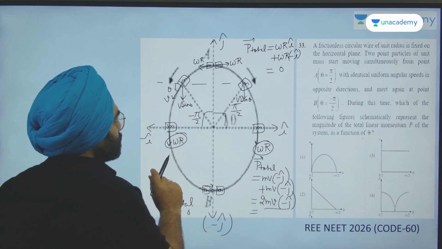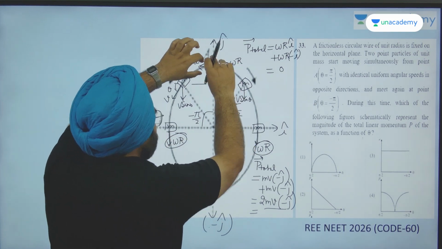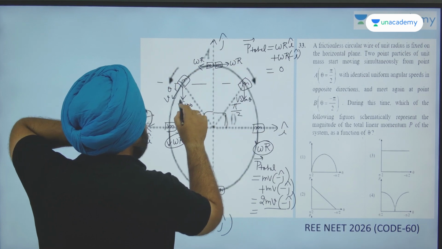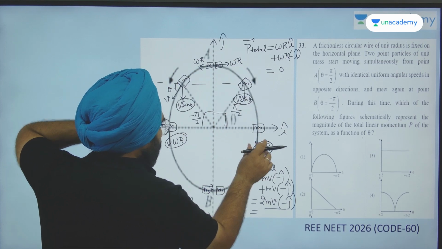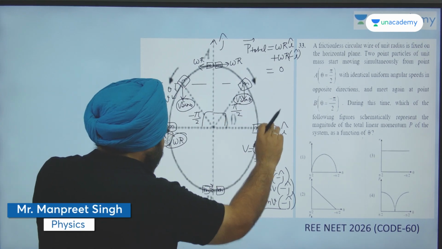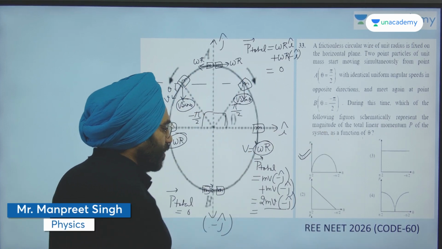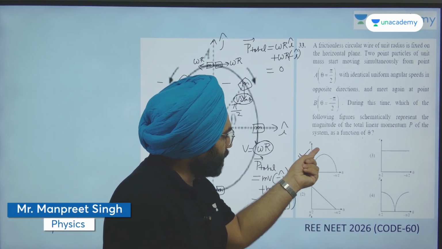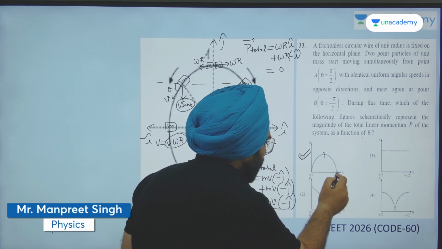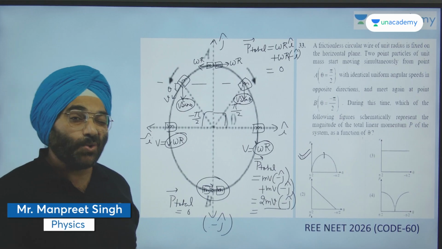The other one, reaching here, will also have a component of v sine theta. So in the downward direction, momentum is 0 right now. In the negative j direction, momentum is increasing because v sine theta is less than v. Here it becomes v, the maximum. Then again it decreases here. Understood? So what is going to be the answer? Option number 1: 0 momentum, increasing to the maximum, then again becoming 0 here. Here again the addition is 0, right? So this is how you can solve this question.